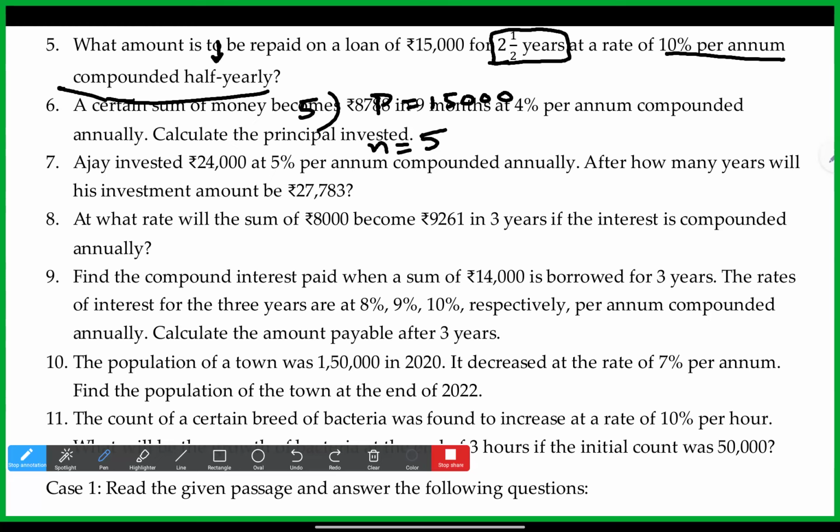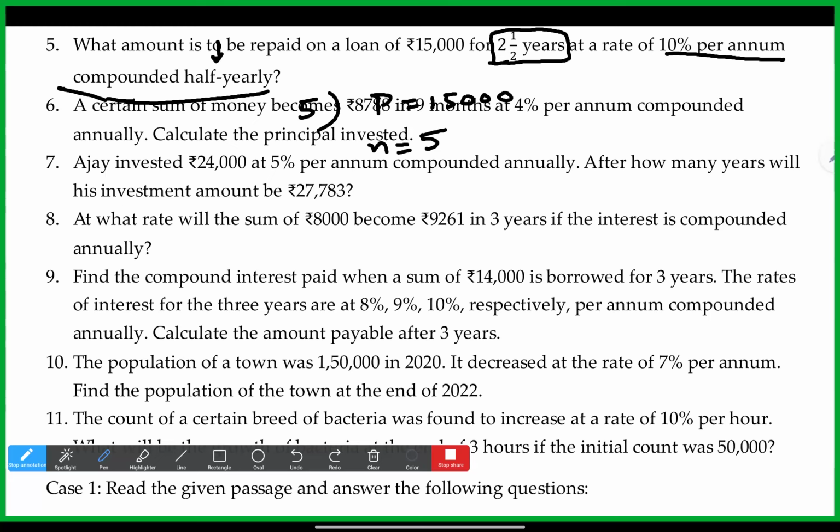Now finally what we should do is find the amount again. A is equal to P into 1 plus R by 100 whole power n. N is again 5. Yes, sir. Zeros cut.